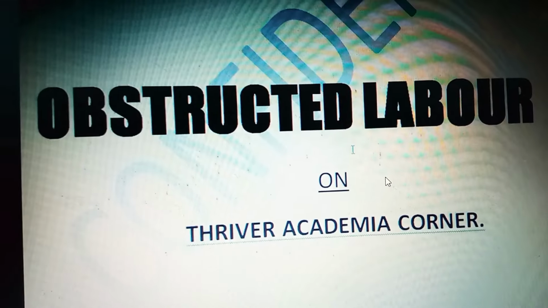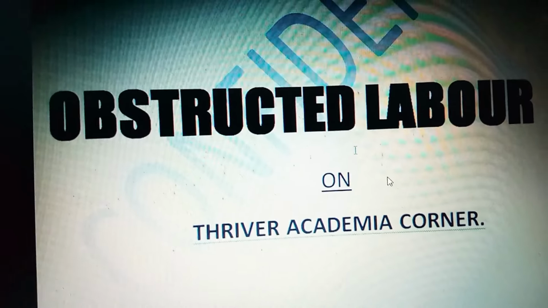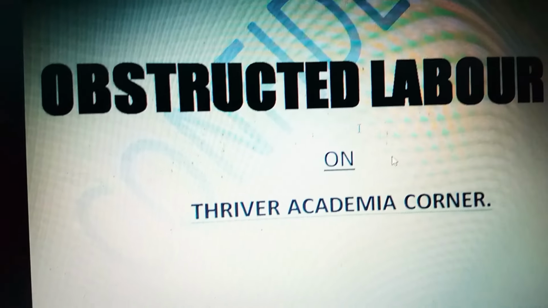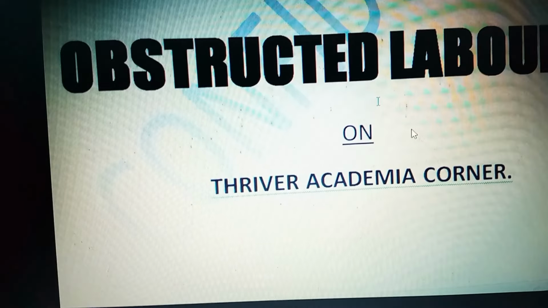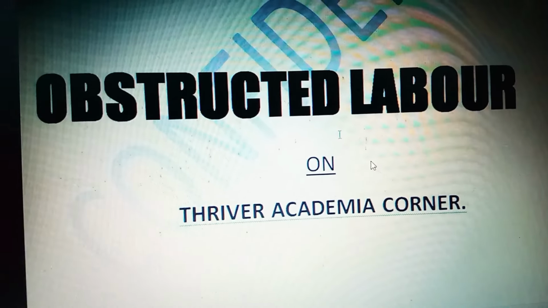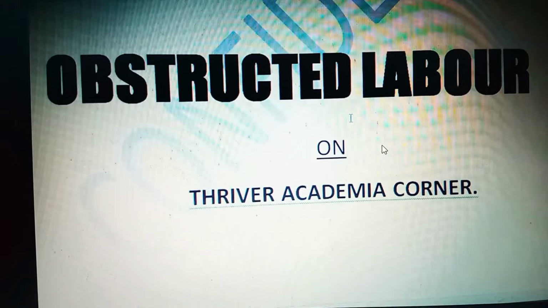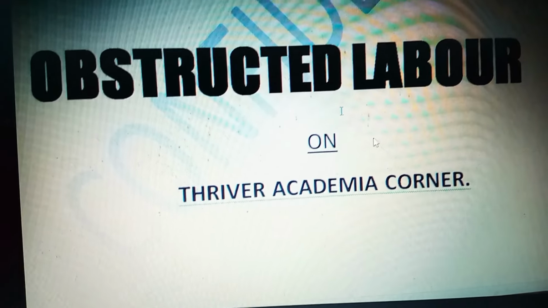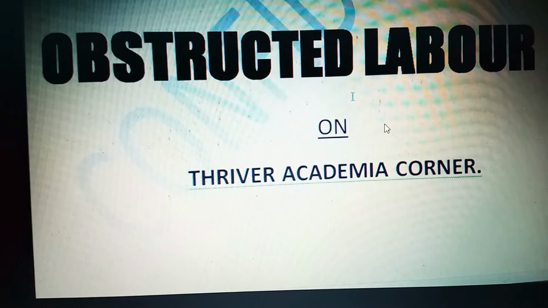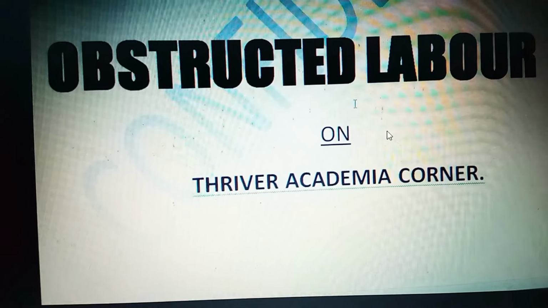Obstructed labor is a failure of the presenting part to descend in the birth canal in spite of good uterine contractions. These faults can be because of the passage or the passenger, but the end result is an impassable barrier.